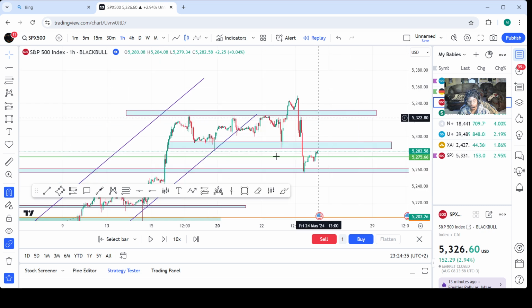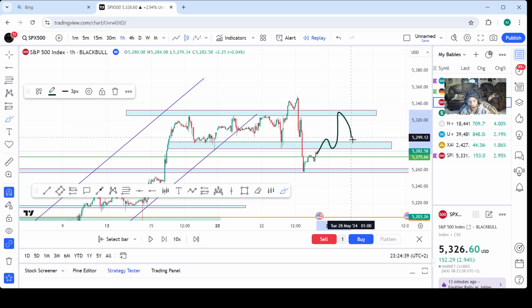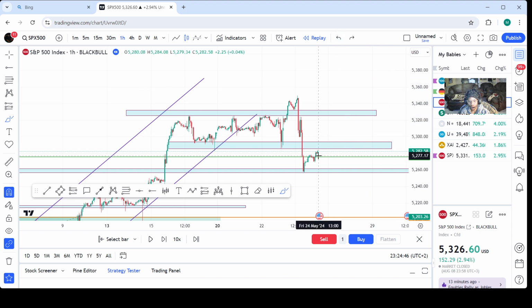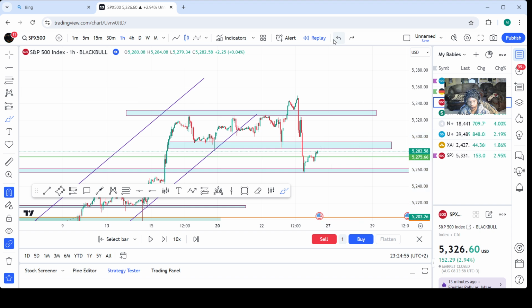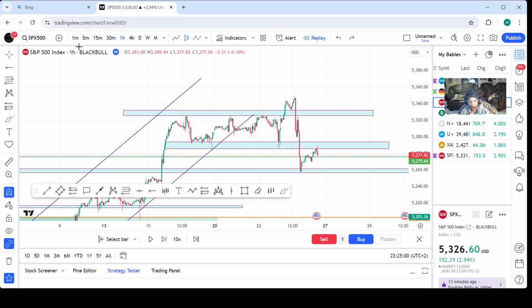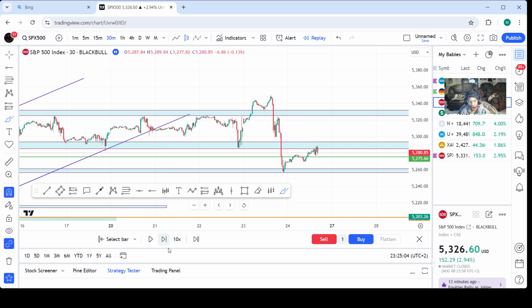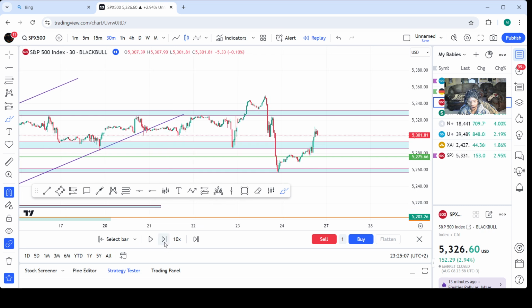So if the market breaks in here, we'll be looking for the market to maybe play this side, or the market to break, retest, and continue upwards, because it's a correction, so we're expecting it to either play in here and continue upwards. If it's a fake correction, the market will spiral down. So we can conclude that we still have buyers. Let's go to the 30-minute time frame to see if we can get any entries.